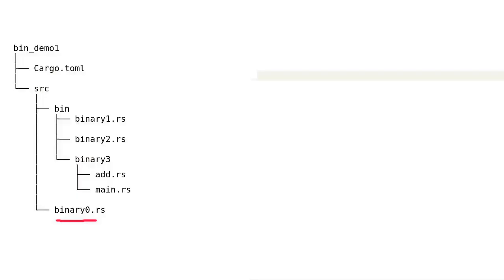What happens if we place a source code file named binary0.rs outside the bin folder?